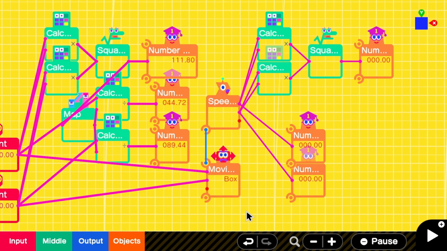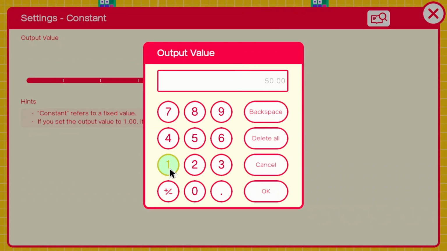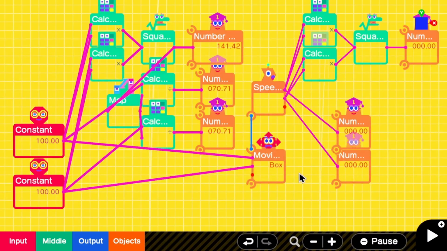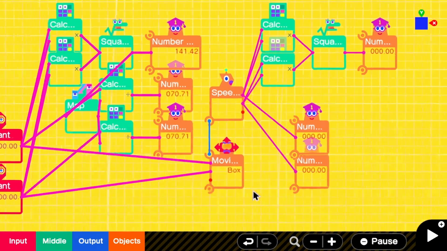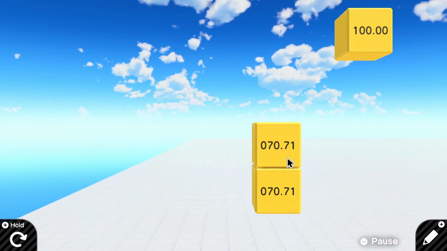It will just scale down all of its speeds such that the total speed will be equal to 100 meters per second. So what do I mean there? For example, if I set both inputs of the moving box to 100, the speed that we'll see here is 70.71.